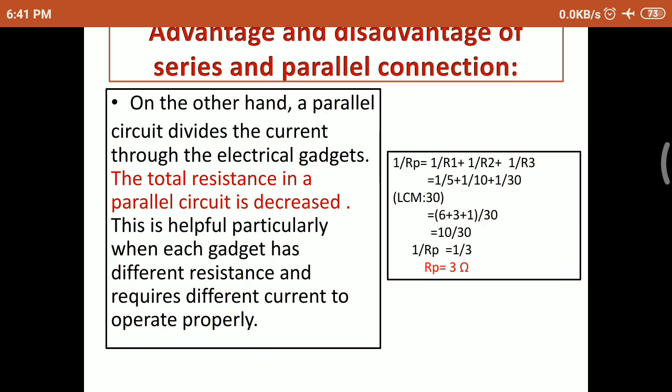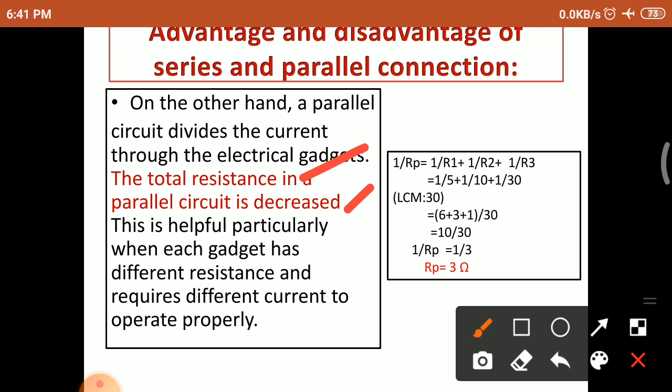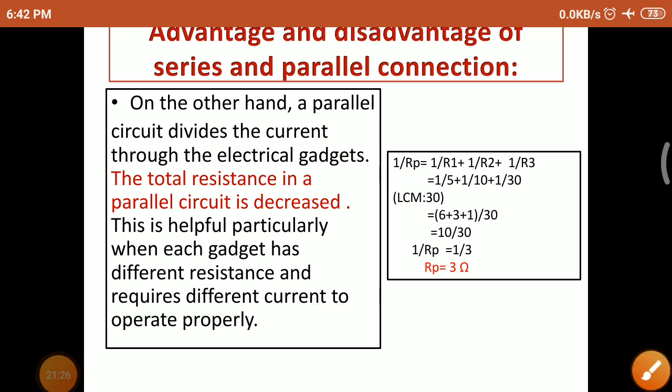The total resistance in a parallel circuit is decreased. This is helpful practically when each gadget has a different resistance and requires different current to operate properly. I hope you understood the advantages and disadvantages of series and parallel combination. Our domestic electric circuits are given by parallel combination.